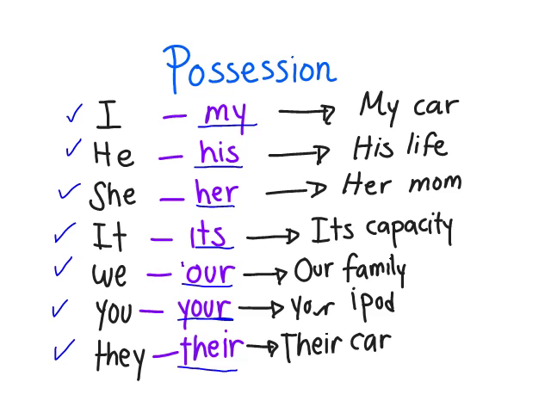Examples. My car, his life, her mom, its capacity, if we are talking about a hard drive or a laptop or an iPod. Our family, your iPod, or their car. Okay, we have some examples as well.